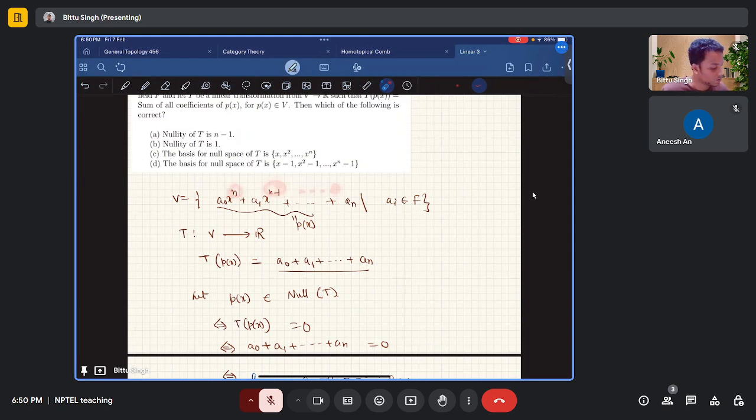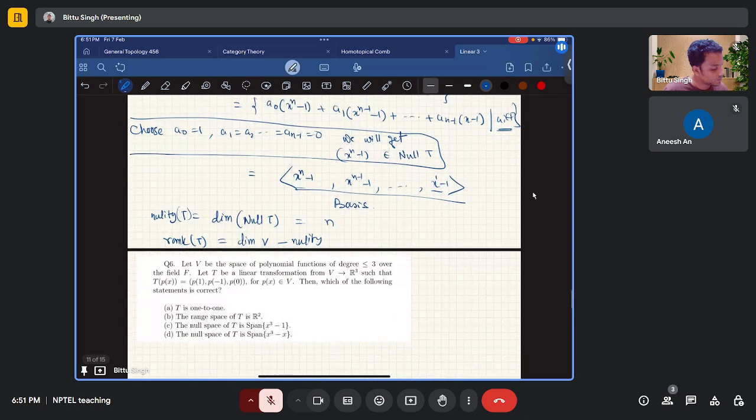We are counting from x to the power 0. So counting from 0, x to the power 1 up to x to the power n minus 1, x to the power n, there are n plus 1 vectors which are independent and which actually generate this polynomial space. So from here it is clear that the dimension of V is n plus 1.